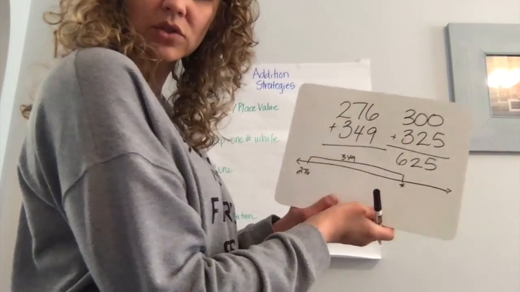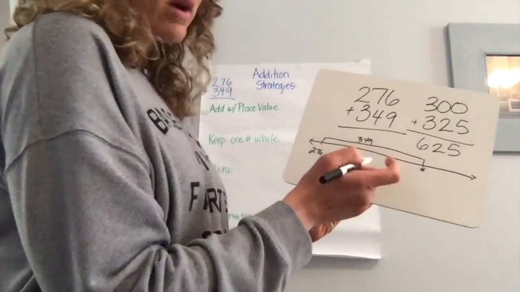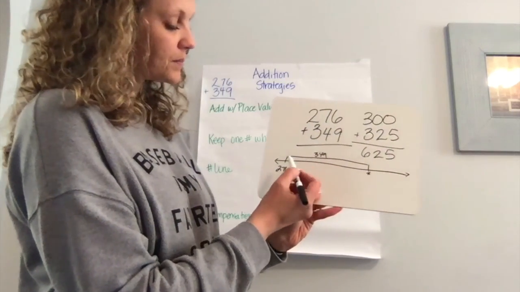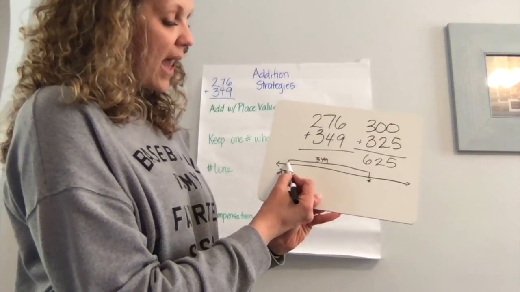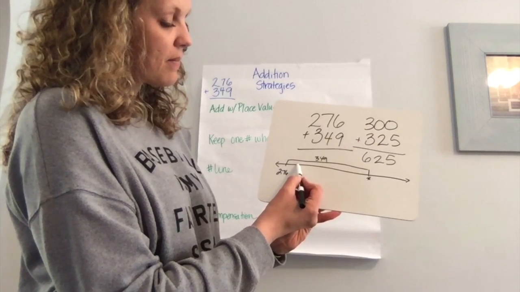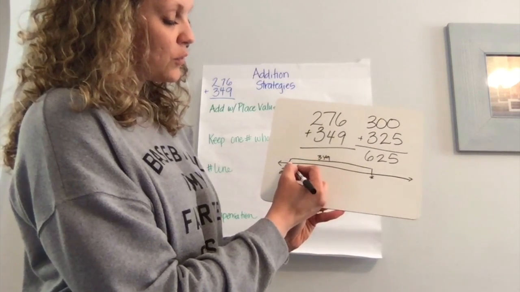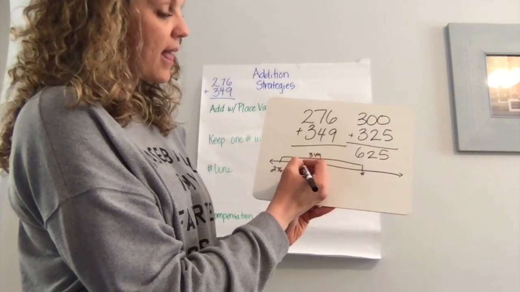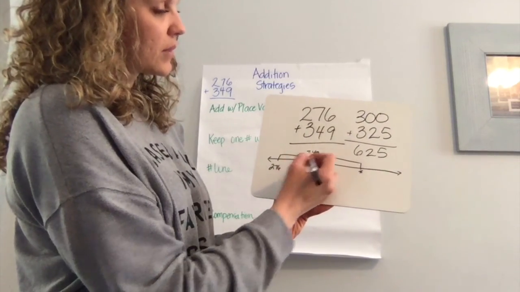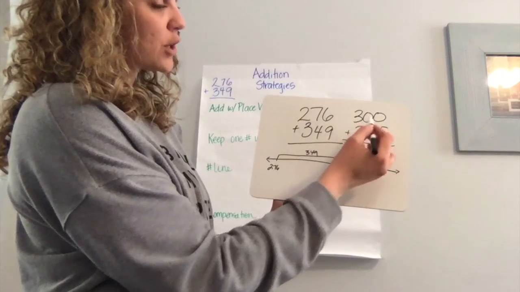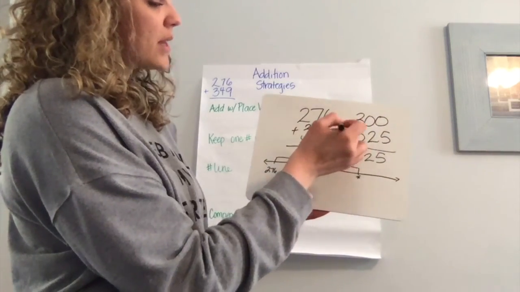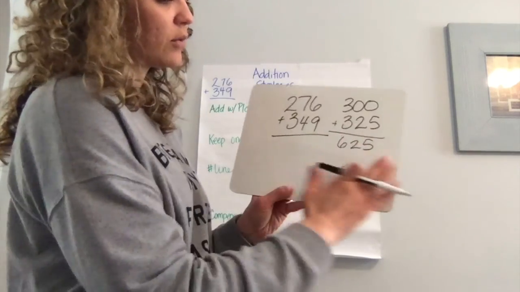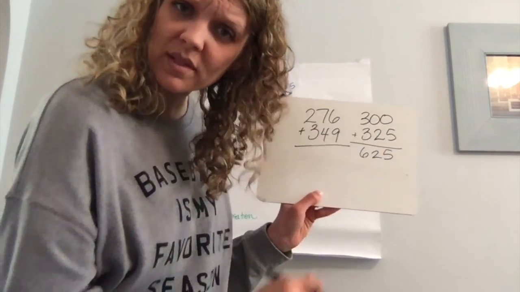Okay, that's where our answer is going to be, right? However, if we are going to adjust to add, we adjusted the problem now to be 300 plus 25. All of this, I'm not going to use my number line because I'm confusing myself with it. This happens as teachers.